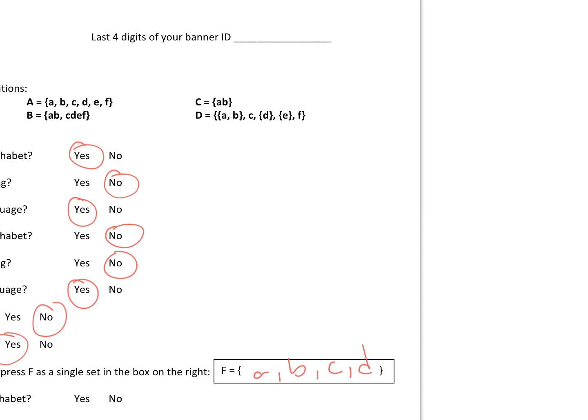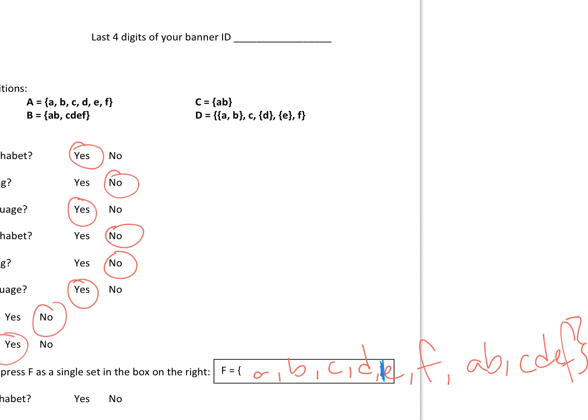And we also have E and F. And then in addition, we have the elements of B. So that would be A, B, and C, D, E, F. And there's our set. And maybe I'll just cross out that set symbol there.